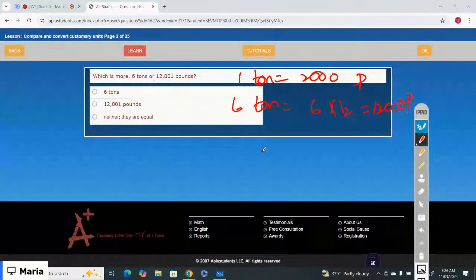So which is more, 12,000 pounds or 12,001 pounds? Which is the correct option? The correct option is 12,001 pounds, option number 2.